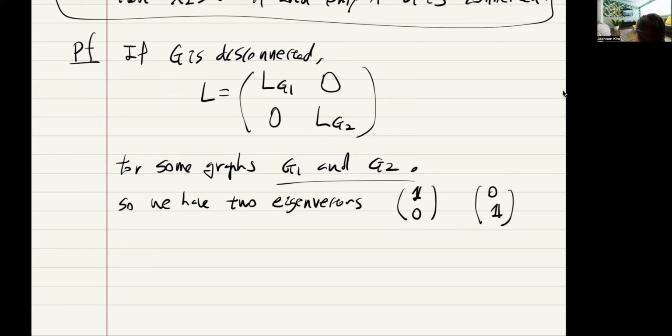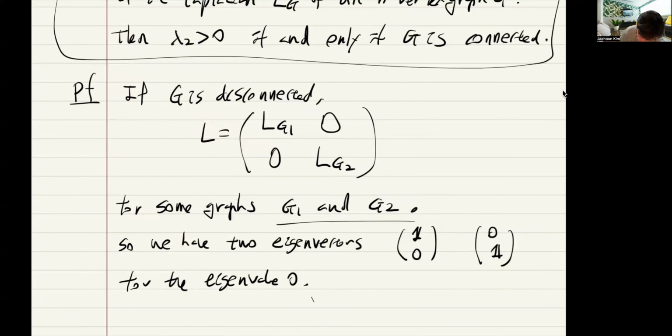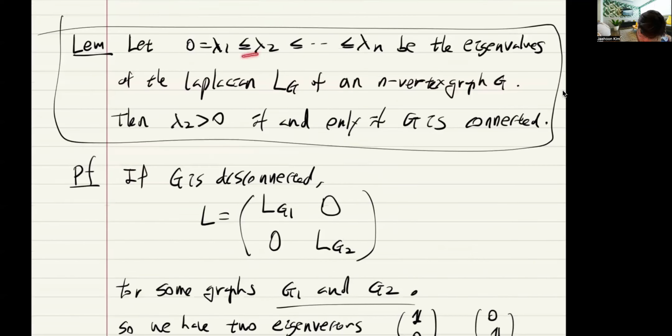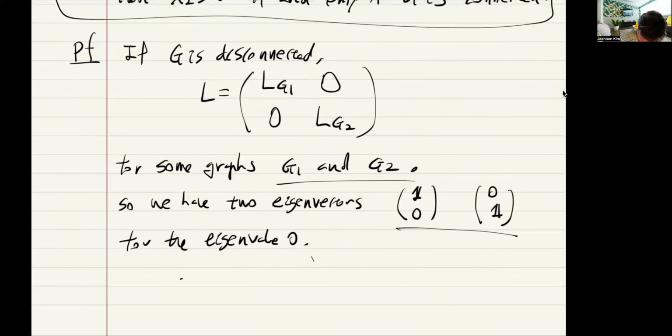This is the all-ones vector: 1, 1, 1, 1, 0, 0, 0, 0, and 0, 0, 0, 0, 1, 1, 1, 1, with the right number of 1s and the right number of 0s, for the eigenvalue 0. We know that 0 is the smallest eigenvalue, and if you have at least two such eigenvectors, then this one also corresponds to 0. So this is 0, this is 0. That means lambda 2 is 0.